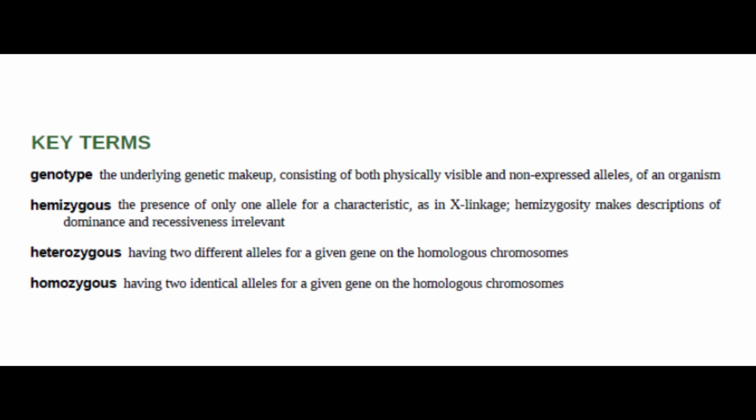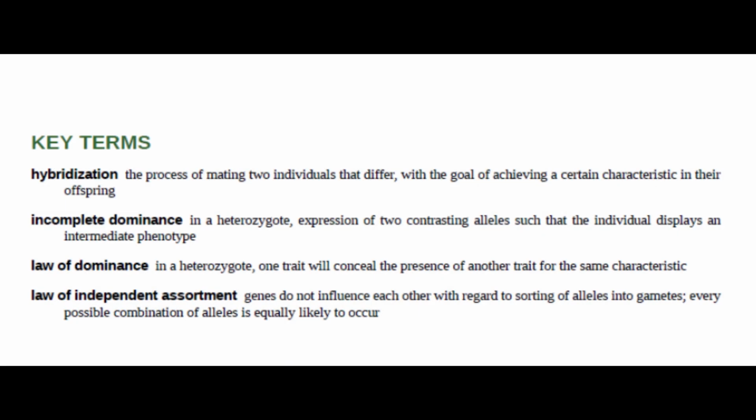Heterozygous. Having two different alleles for a given gene on the homologous chromosomes. Homozygous. Having two identical alleles for a given gene on the homologous chromosomes. Hybridization. The process of mating two individuals that differ with the goal of achieving a certain characteristic in their offspring.